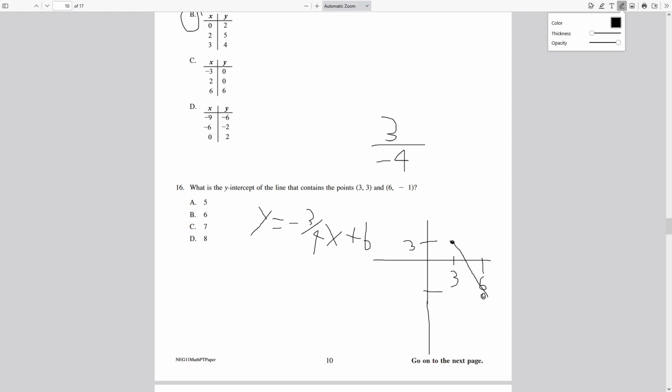So you go up to 6. No. And then run negative 4. Wait, am I stupid?